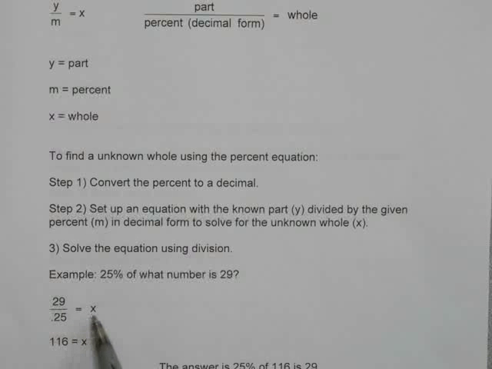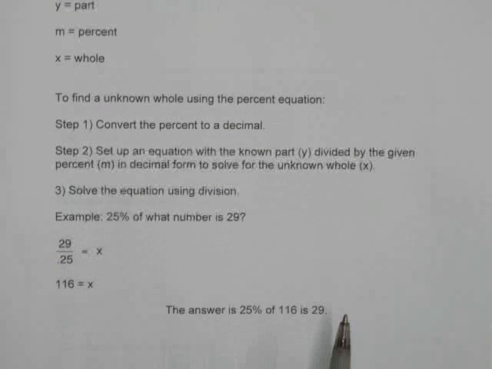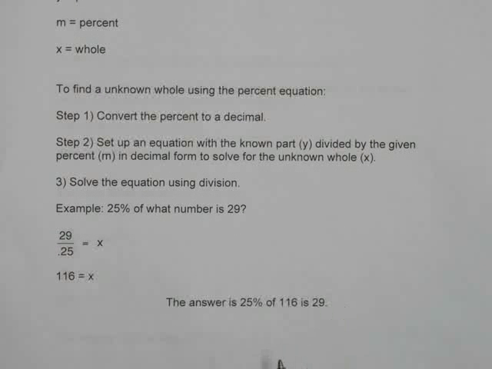I mean, we're taking 0.25, which is a relatively small number, and dividing it into the whole number 29, and we're going to get a lot of these, right? And sure enough, we do. 116 equals x. In other words, the answer is 25% of 116 is 29.